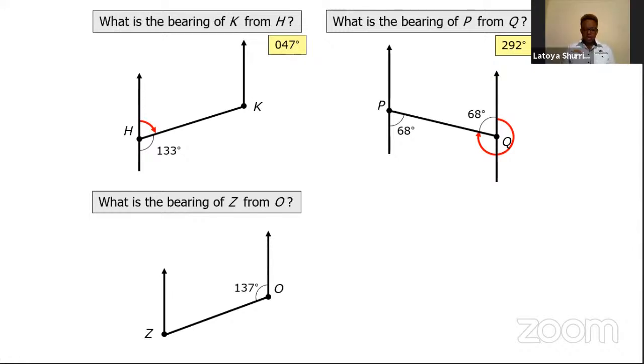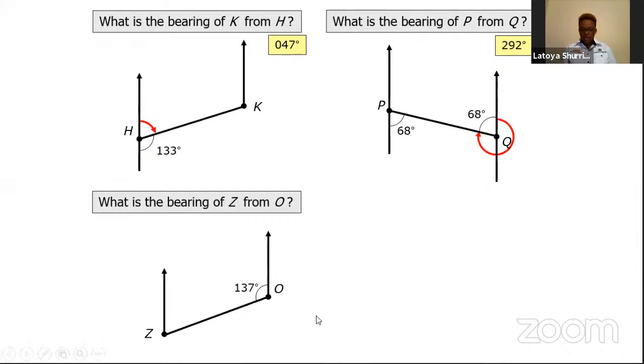Okay, I'm seeing on YouTube, Montana McLean is saying taking 137 degrees from 360 degrees to get 223 degrees. I'm seeing Bernard says O to W. There's no W. Kevon says where you're going, I'm assuming you meant Z. And Kevon is also taking 137 degrees from 360 degrees to get 223 degrees.